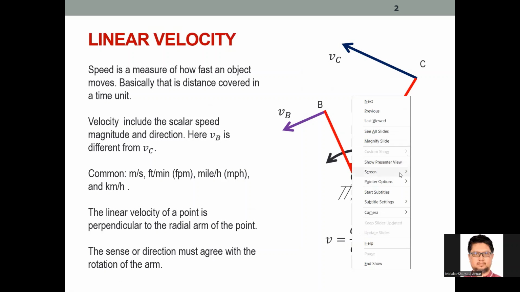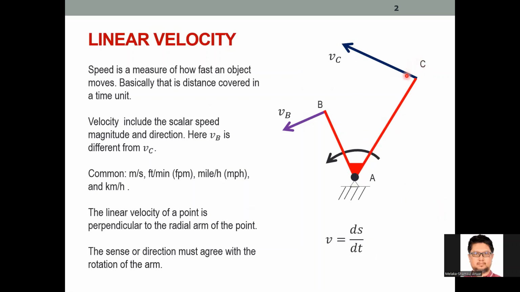If you look at the diagram in this slide, depending on the direction of rotation of this body, which is basically a ternary body or ternary link, we have three important points, A, B, and C. It is one single body, not two, because the angle between AB and AC is fixed.